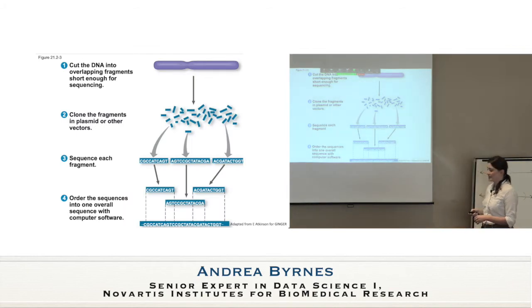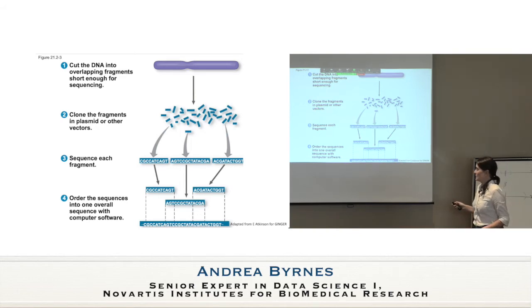So this is a schematic to demonstrate how next generation sequencing can work. This is specifically how it works in humans. We cut the DNA into overlapping fragments that are short enough for this type of sequencing. That length depends a little bit on what technology you're using, but it's in the hundreds sort of order of magnitude. We clone the fragments in a plasmid or in another vector so that we have more of them.